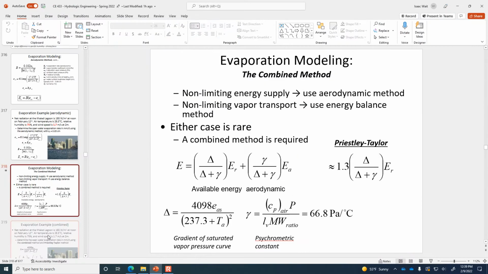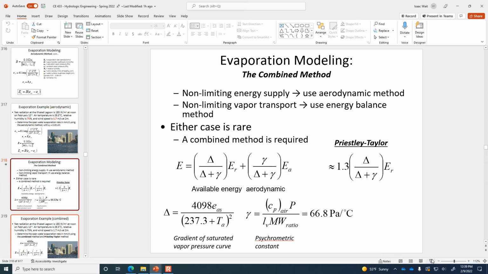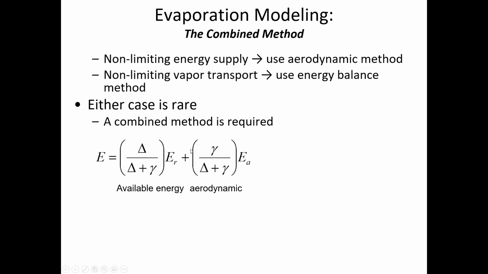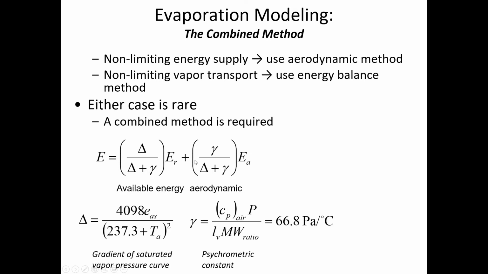And so there's what's called a combined method that takes into account both the effects of the energy approach and the aerodynamic approach. And it's kind of a weighted average where these weighting factors take into account something that's called the gradient of the saturated vapor pressure curve. And so you need to calculate delta based on the temperature of the air and the saturation vapor pressure.